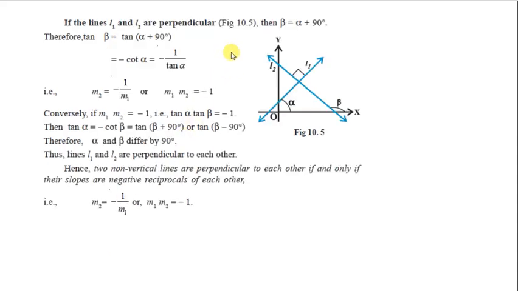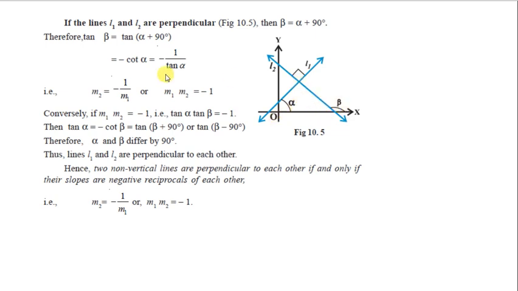Now if the two lines are perpendicular, suppose L1 and L2 are perpendicular to each other, and L1 is making angle alpha with the positive direction of the x-axis measured anti-clockwise, L2 is making an angle beta with the positive direction of the x-axis measured anti-clockwise, then beta is equal to alpha plus 90, because the opposite angle to it will also be of 90 degrees, vertically opposite angles, and beta is equal to alpha plus 90 by exterior angle property.